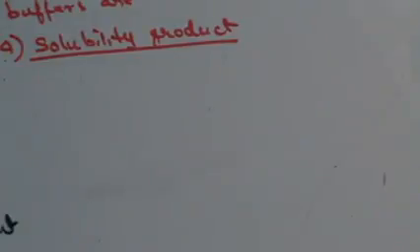As the concentration of ions in the solution increases, they collide with each other and reform the original solid. This dynamic equilibrium is established between the solid and the ions in the solution. The solids which are slightly soluble in water are called sparingly soluble solids.